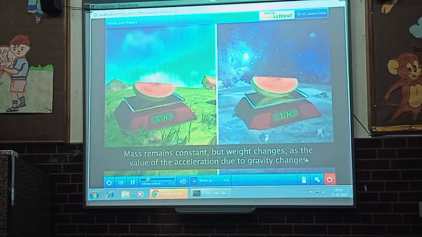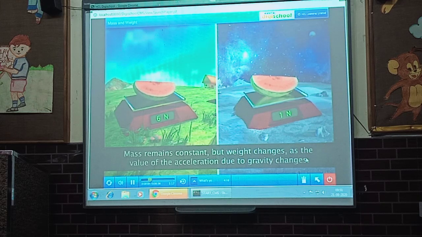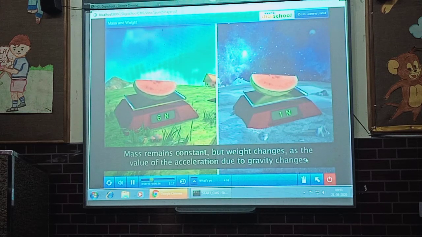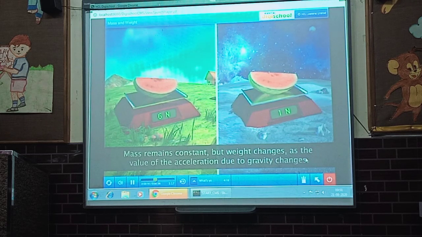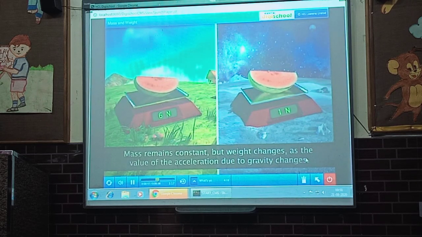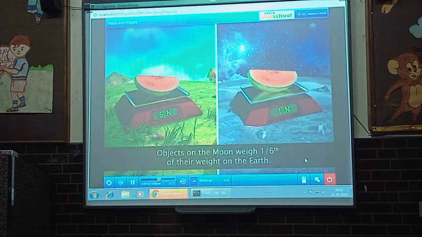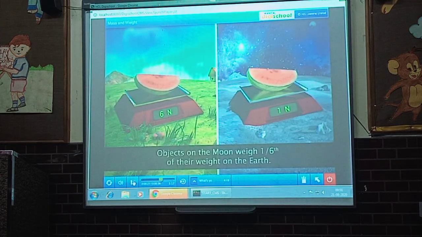We now know that weight is dependent on the mass of an object and the acceleration due to gravity which is acting on it. Let's find out how a person's weight will change on the moon. The moon's mass is smaller than that of the Earth.